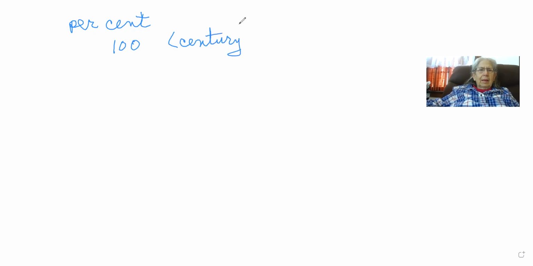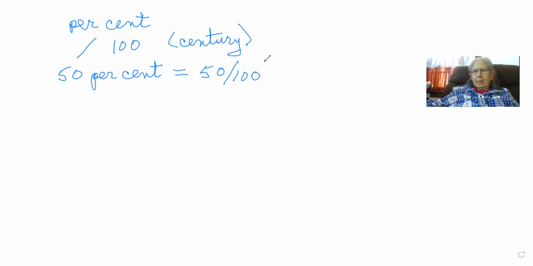And per means divided by. So if we have 50%, that means 50 divided by 100. And 50 divided by 100 is, well, it's a half, so it's 0.50, yes?